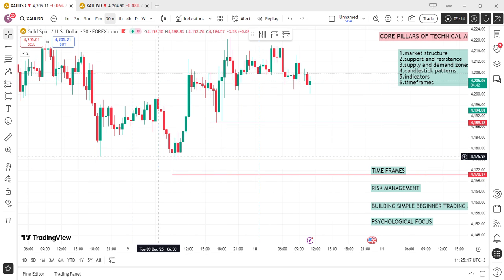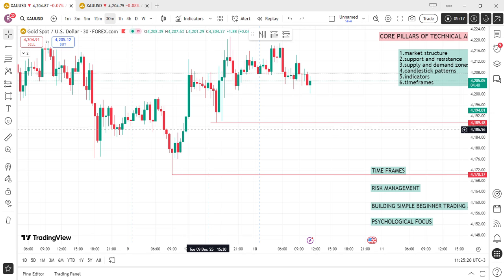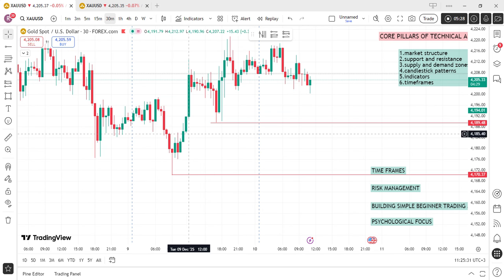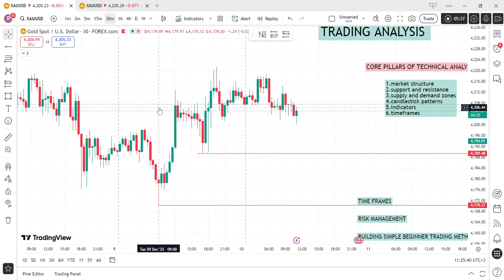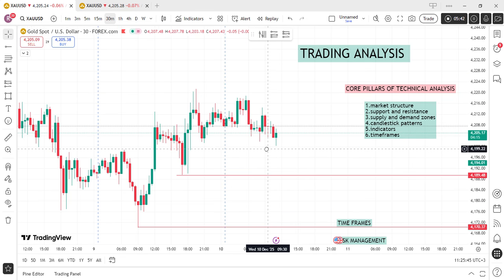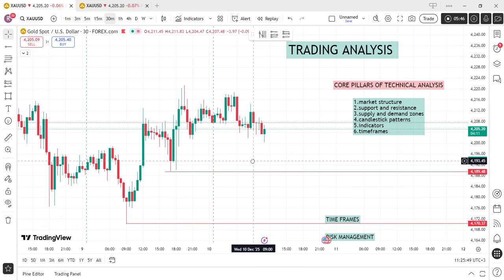But when it comes to this one, this is now going to be a higher low, because it is a low that is higher than the lowest low according to this area or this specific day. You see that? So this is going to be a higher low. So when price is creating higher lows and higher highs, definitely we are in an uptrend. Once you learn that this is about market structure, that's how you mark the higher highs and higher lows.